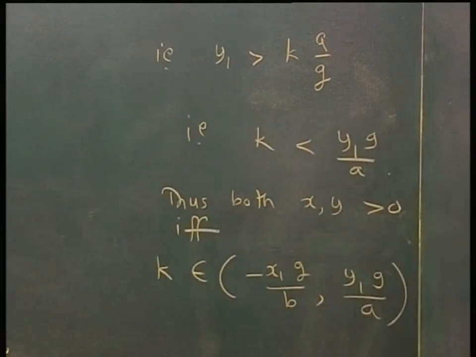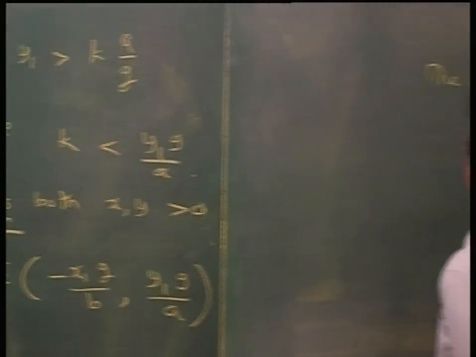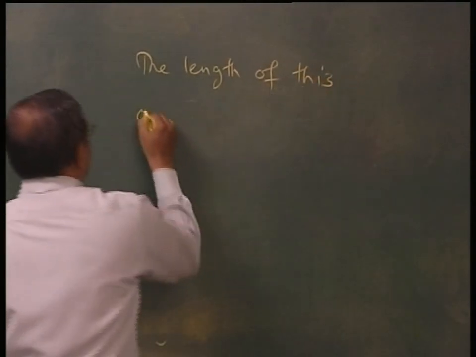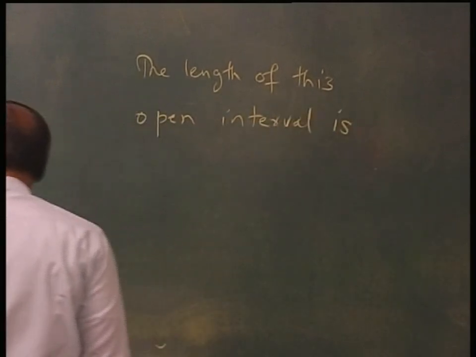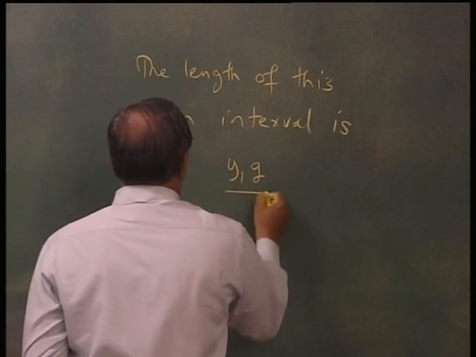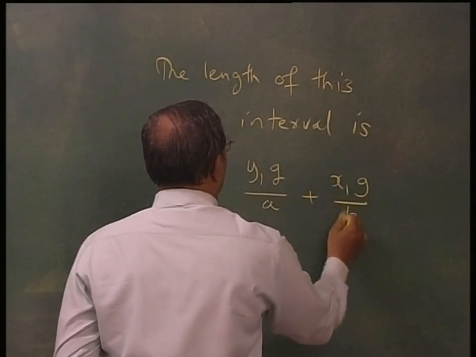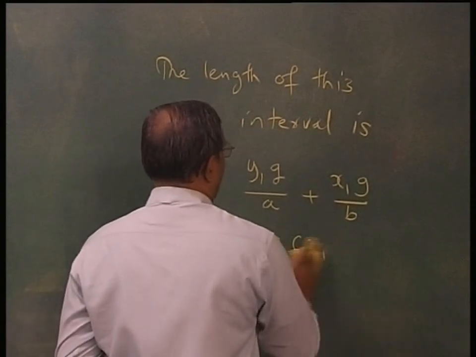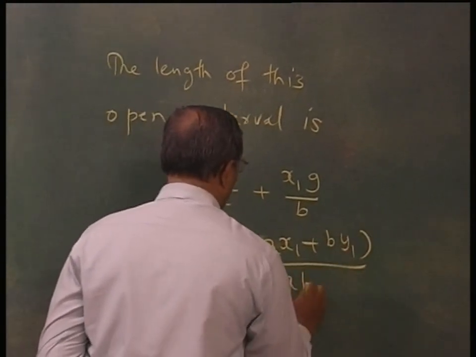So now look at the length of the interval. This open interval, what is the length? y1 g by a plus x1 g by b, that is g into a x1 plus b y1 divided by ab.